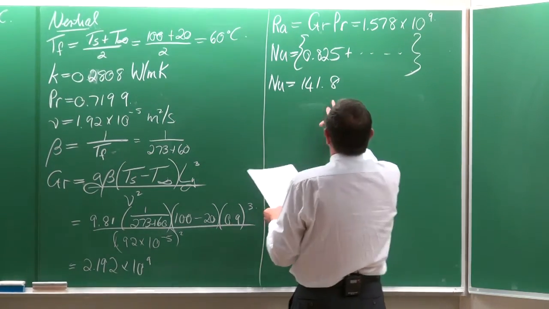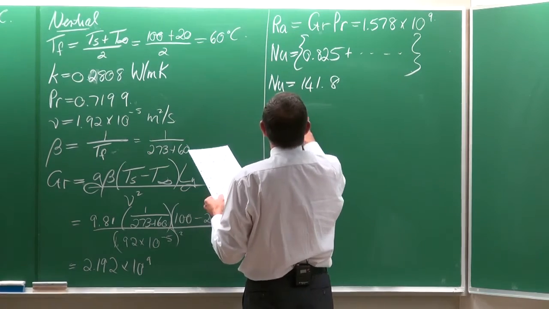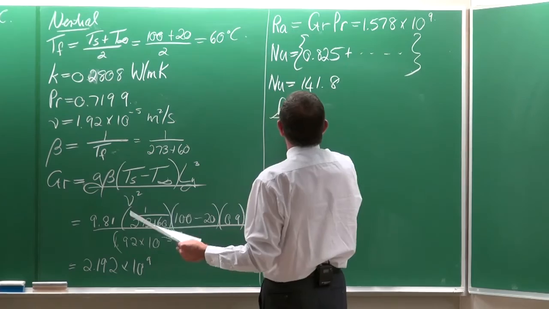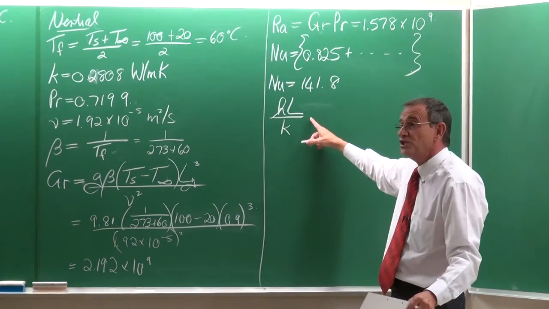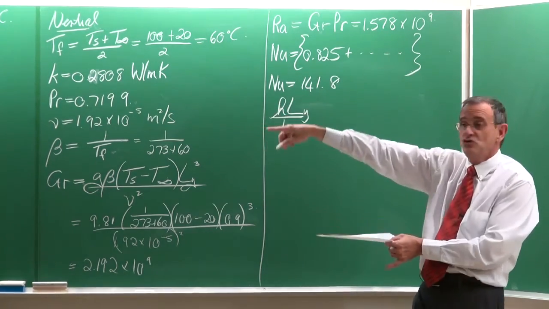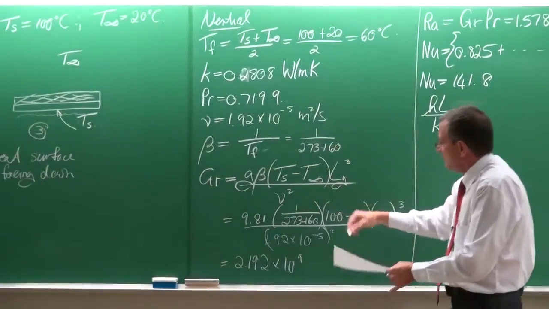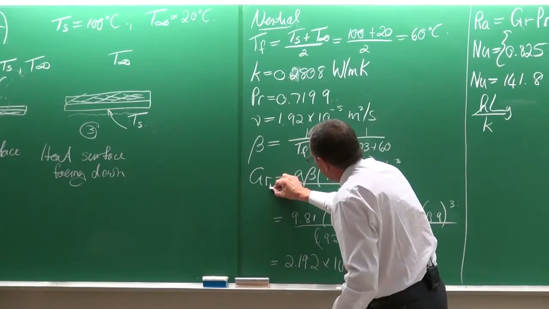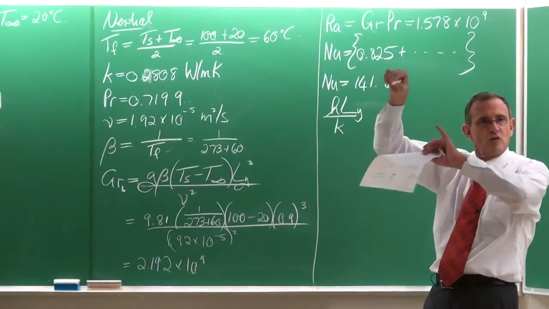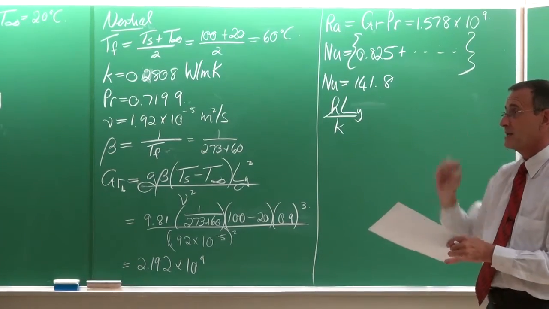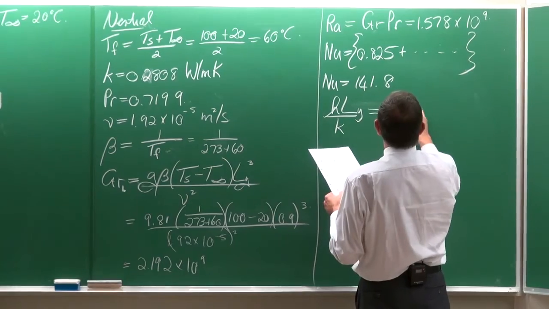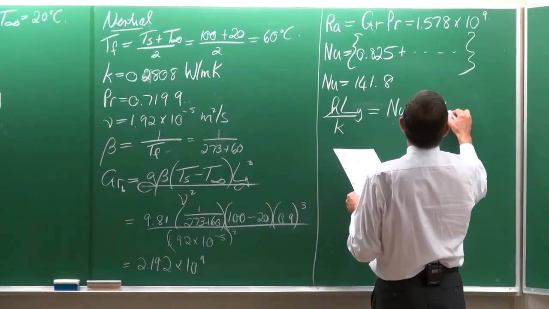So the Nusselt number is equal to the heat transfer coefficient multiplied by characteristic length divided by k. Now, which characteristic length? Of course, the characteristic length that we have chosen for the Grashof number, and actually we should put in Grashof L there, because that is in the equation, based on the characteristic length.